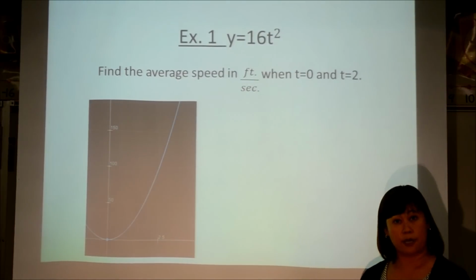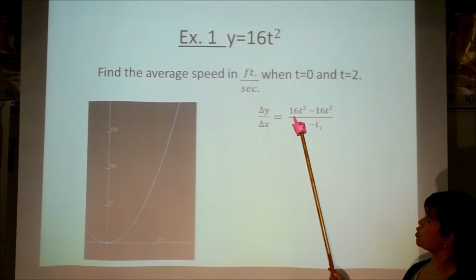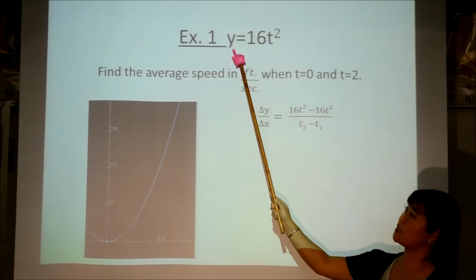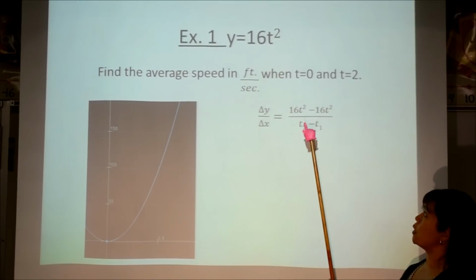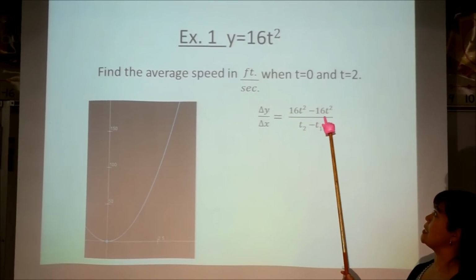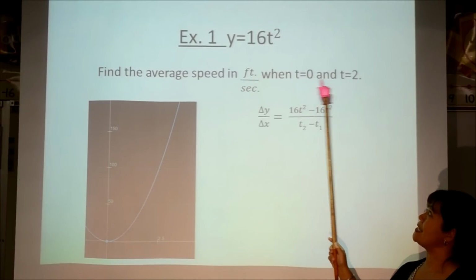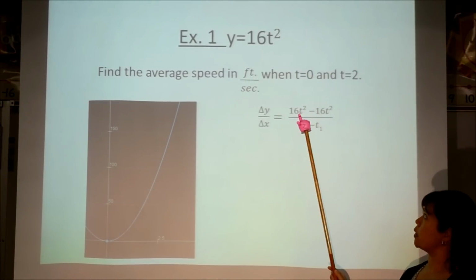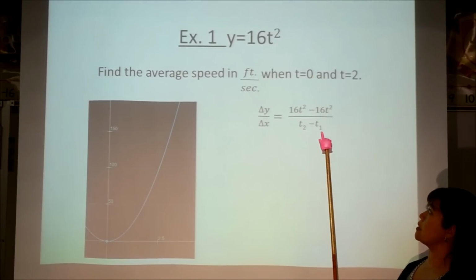So using the formula that was given, that delta y over delta x, let's go ahead and substitute. I actually substituted 16t squared because that's the y that we're representing as far as our equation right here. So I have a 16t squared here minus 16t squared. It's the same equation, but don't worry, we're going to substitute our t's in here, so that's going to change right there. I still have this t2 minus t1.